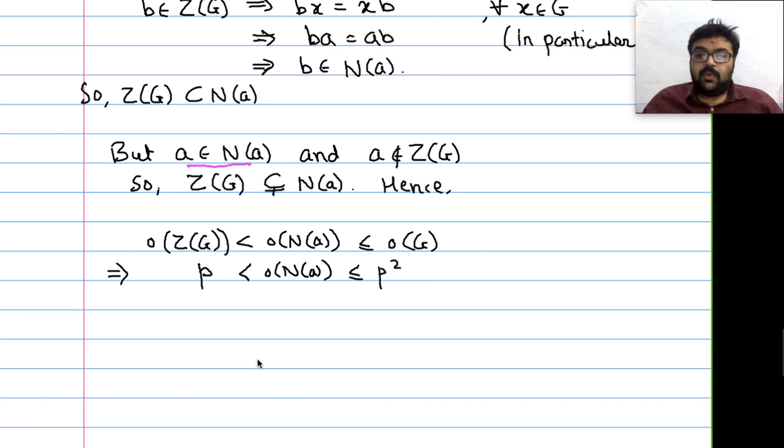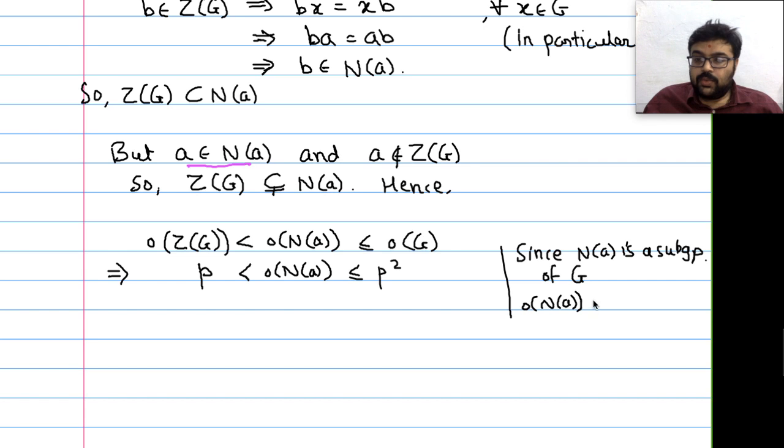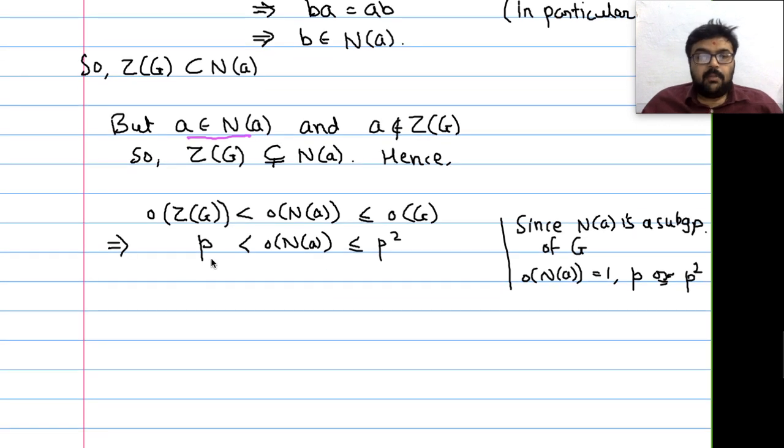Now since N(a) is a subgroup of G, what are the possible orders of N(a)? The order of N(a) equals 1, p, or p squared, since it divides the order of the group. It cannot be 1. It cannot be p, because it is strictly greater than p.